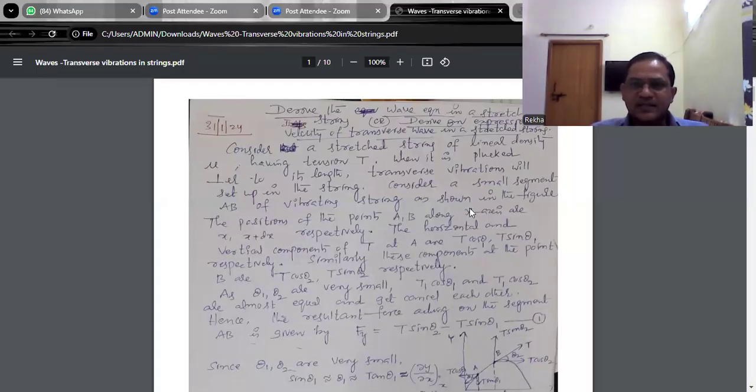Let us consider a transverse wave propagating through a stretched string of length L, linear density mu, which is subjected to the tension capital T.